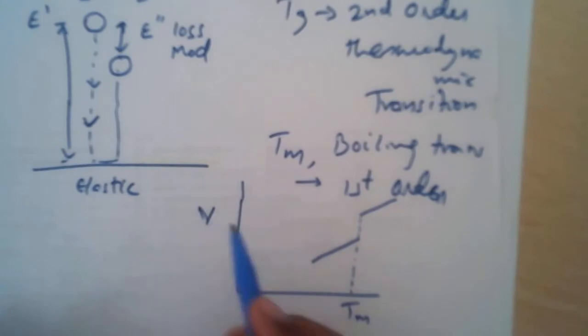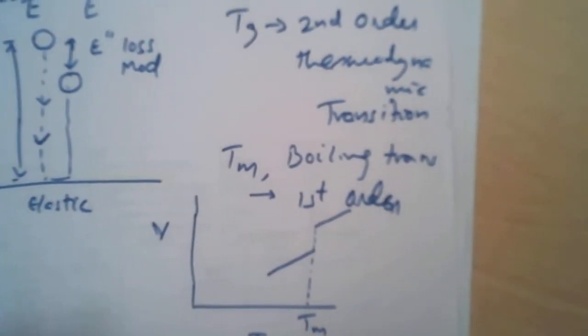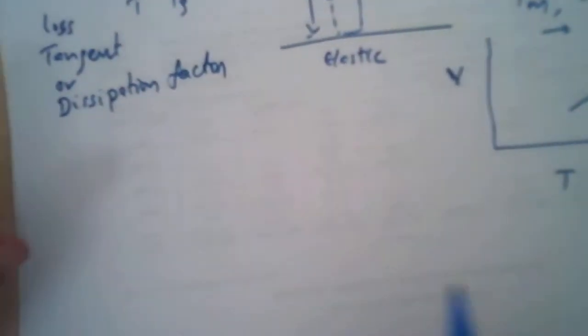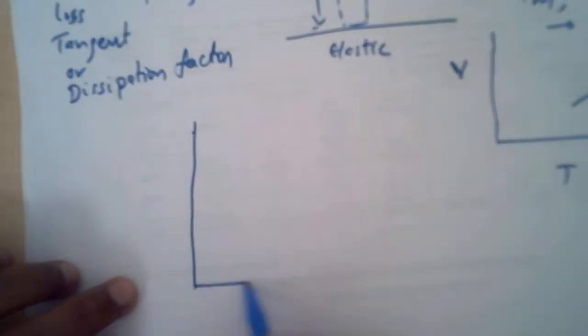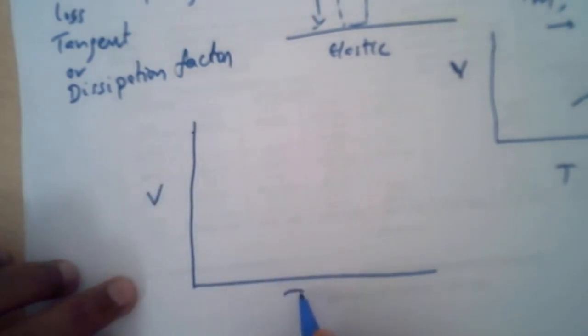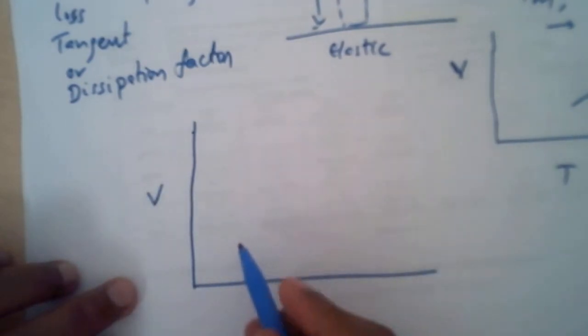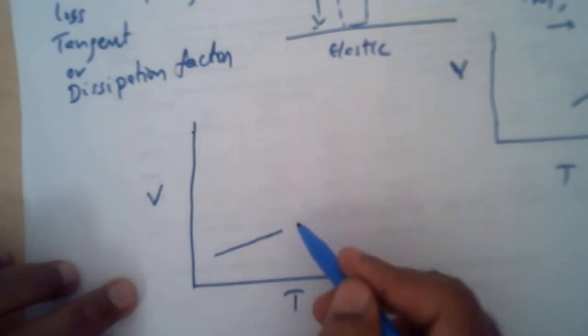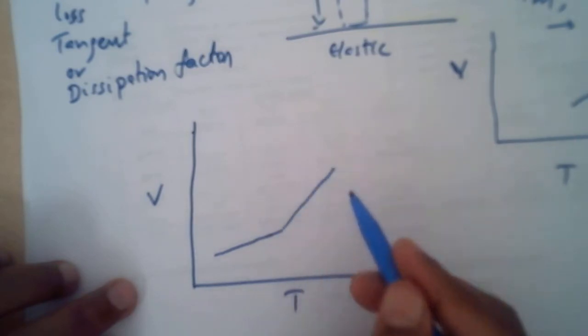Let's say this is a volume. So when you plot volume versus temperature, let me plot it in a better way, volume versus temperature. In an amorphous material, you will have a change in the slope.